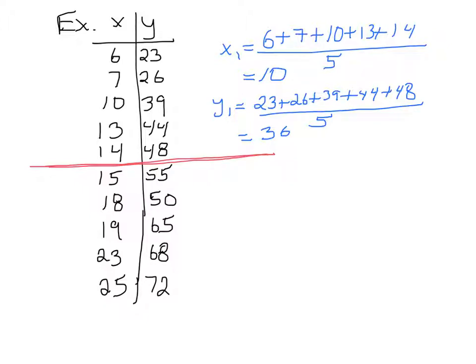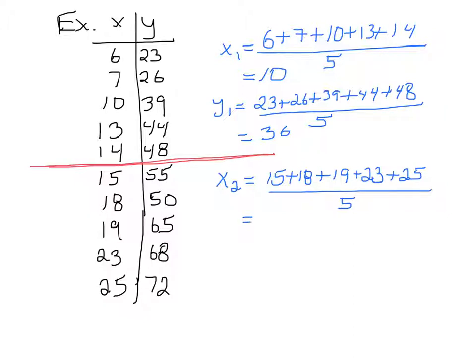I'm going to do x2 and y2. x2 is going to equal 15 plus 18 plus 19 plus 23 plus 25 divided by 5. And I think if you do that, you'll get 20 as your answer.